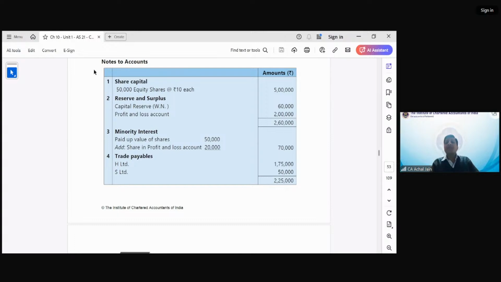Abhishek is asking, if it was a case of goodwill instead of capital reserve, then it would have been shown on the asset side. Yes, as intangible assets. But goodwill on consolidation you present separately. Of course, in some of the other questions that are going to follow, we may have goodwill and you may get to see that part as well.